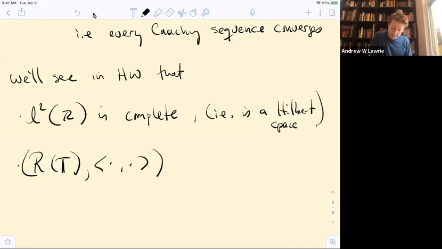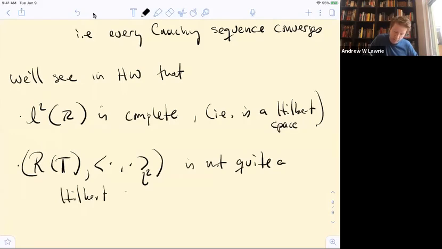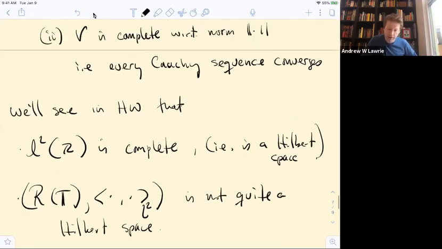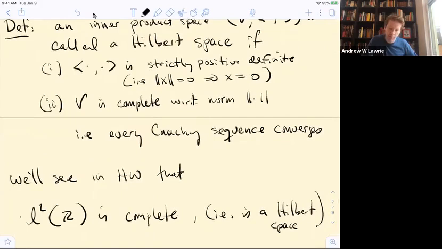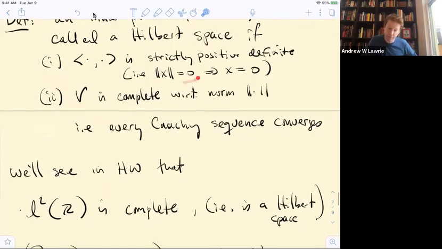Okay, so let's discuss real quick this vector space with the L2 inner product. Unfortunately, this is not quite a Hilbert space. In fact, both of these two additional requirements fail for Riemann integrable functions. On the one hand, you can have a function which Riemann integrates to zero but is not the zero function. Like the function could be zero everywhere except at one point.